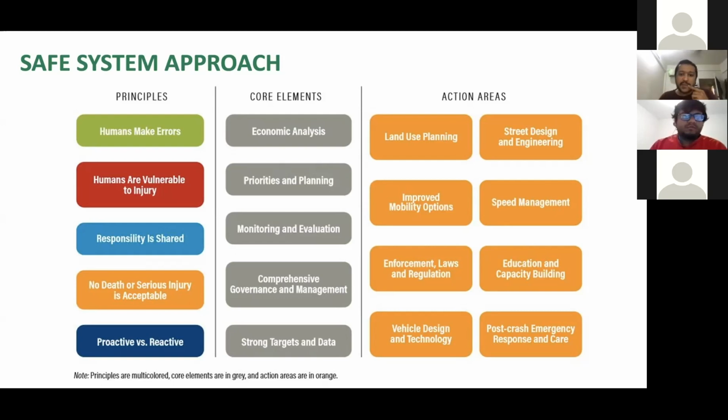But like Gerald mentioned, we need to explicitly and consciously look at ways to improve road safety, even within the TOD framework. So in the exercise that we've done in the past year, we were guided by these principles, core elements, and action areas, and we've tried to integrate learnings from these into the 5 modules that Prerna and Gerald spoke about.